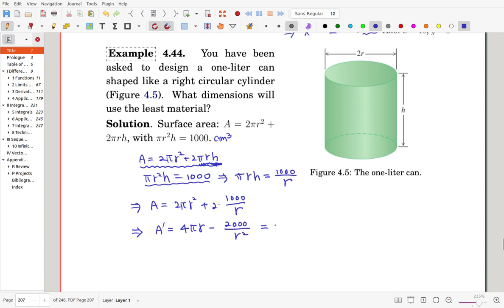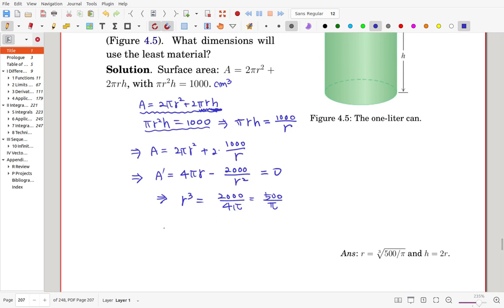If we set it to 0, we move this to the right side, then multiply by r squared and divide by 4 pi, so r cubed equals 2,000 over 4 pi, the same as 500 over pi. Right?